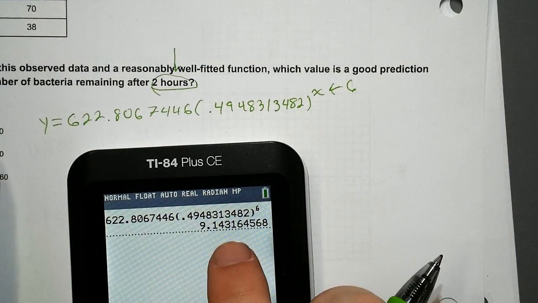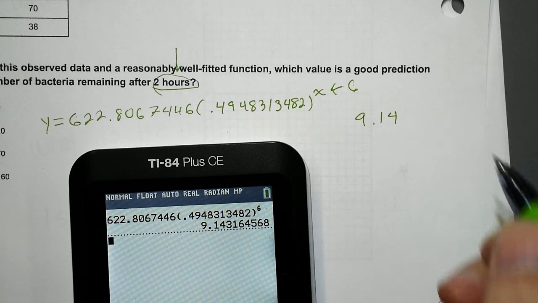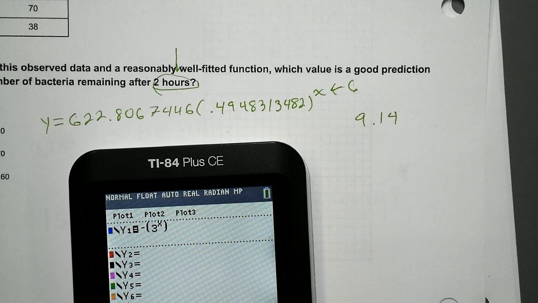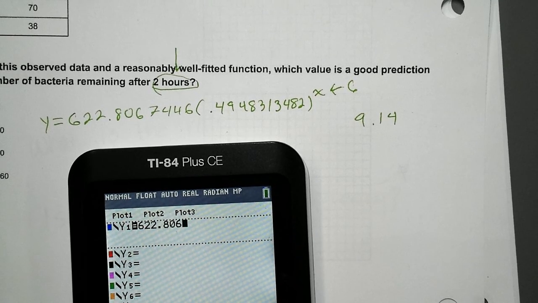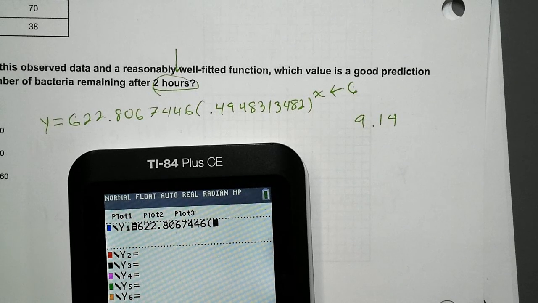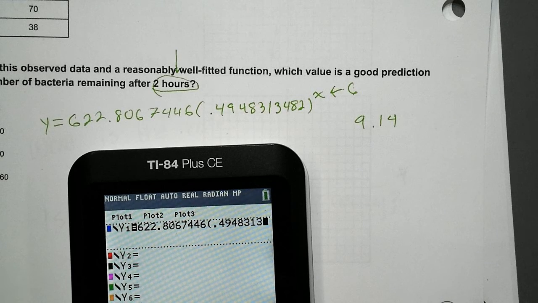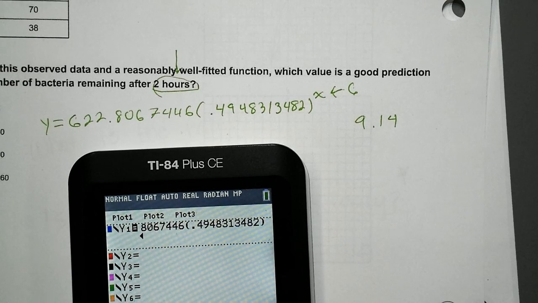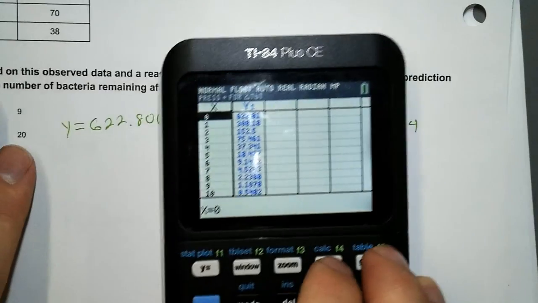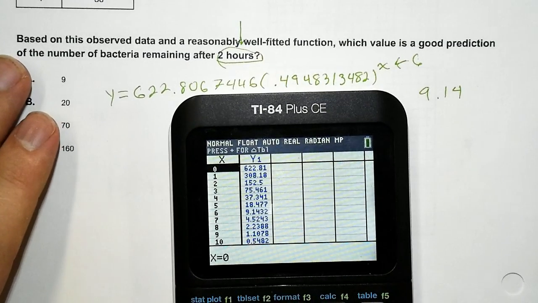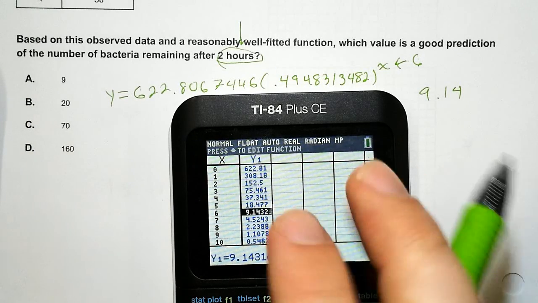So there's one way, 9.14, blah, blah, blah. Or we can go into y equals, you could type it in exactly, and raise it to the x, and then you'll need to go into your table and find where x equals 6, and we still get 9.1432.